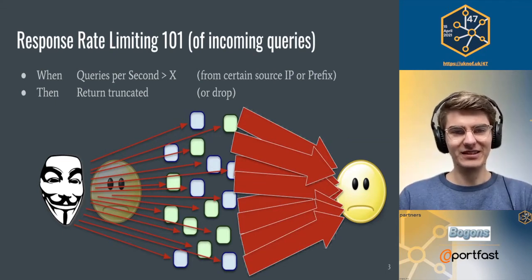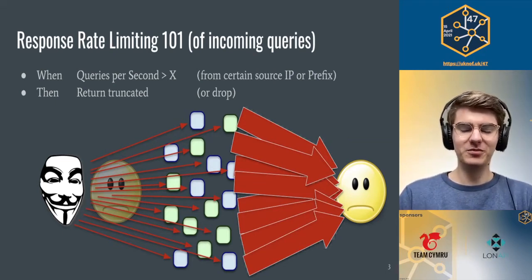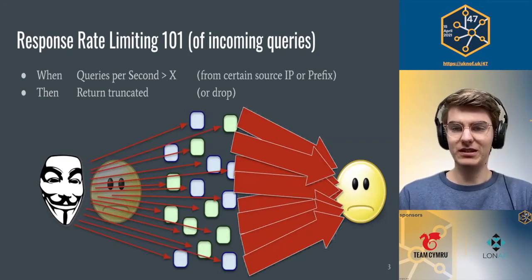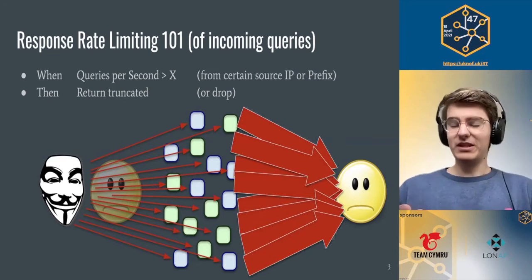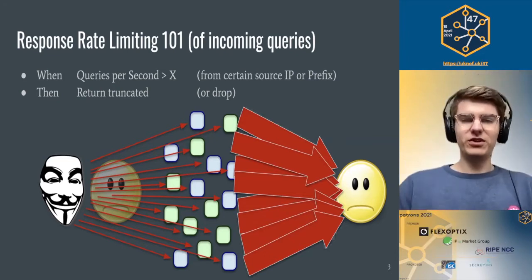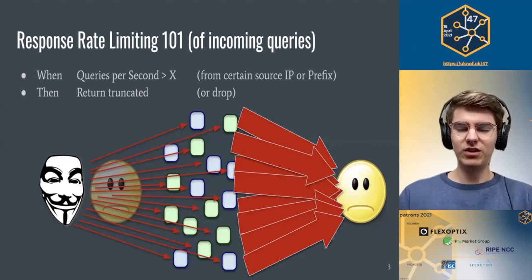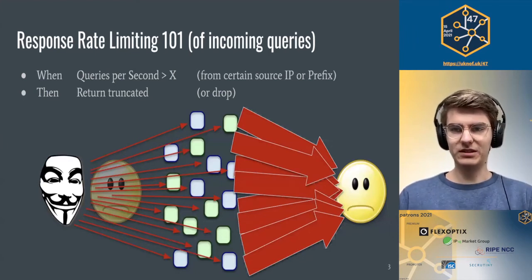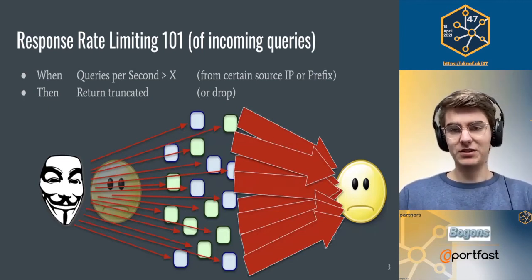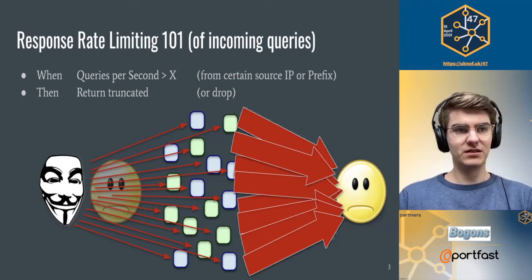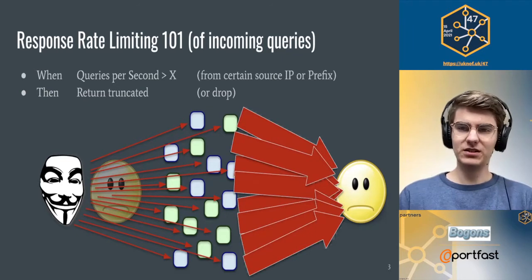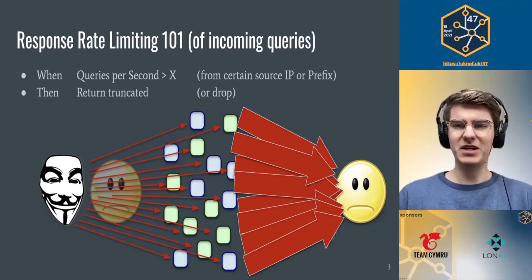When you calculate the queries per second for a certain IP source or prefix, and they exceed a certain threshold, you can decide to drop these or send them back with a TC bit, bounce them, and have them come back over TCP so you can track them. This is a common defense against DNS amplification attacks and reflection attacks, mainly for the victim.